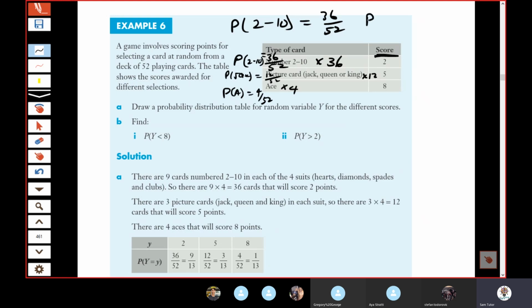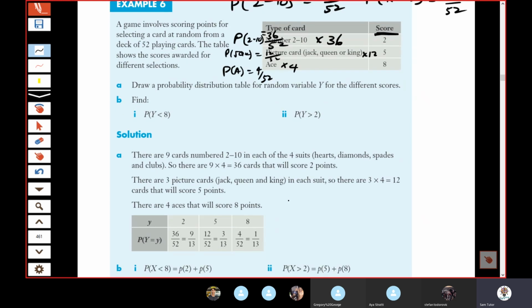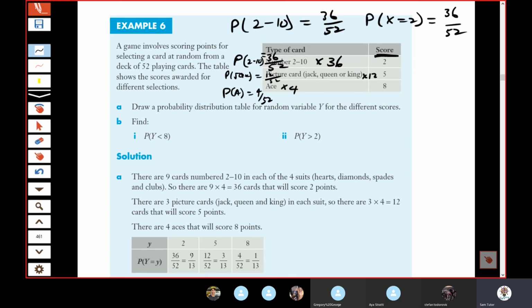Or in this case, you're going to ask, what's the probability of obtaining a score of 2? Well, it's still 36 out of 52. So they're the same question, just worded differently now. Okay, good. So there's your distribution table.